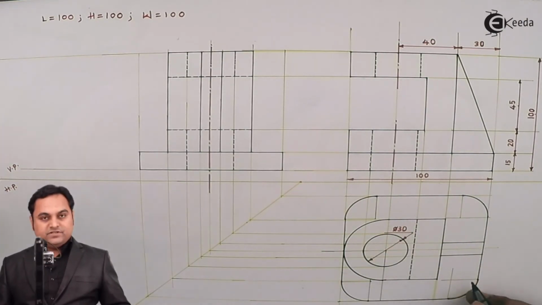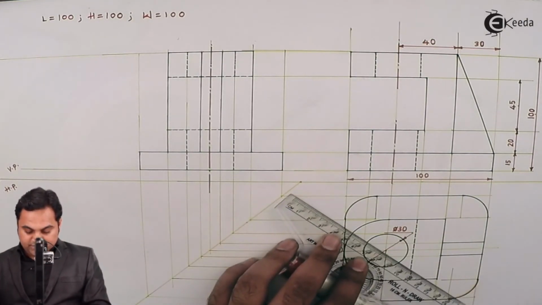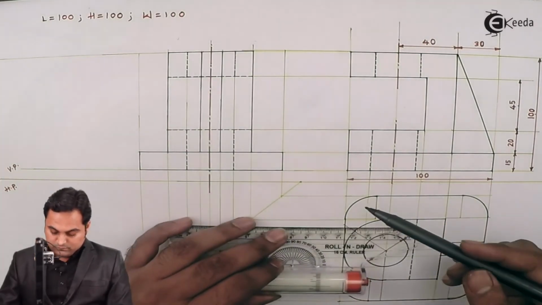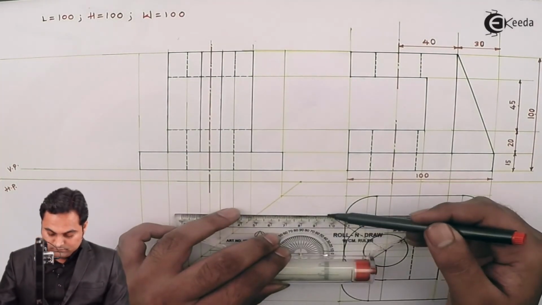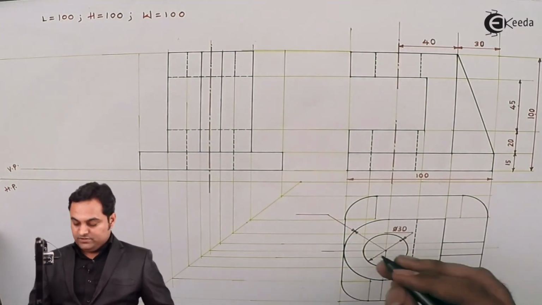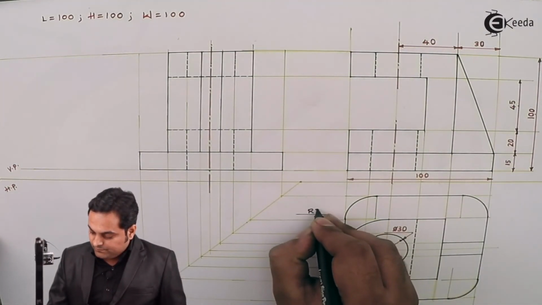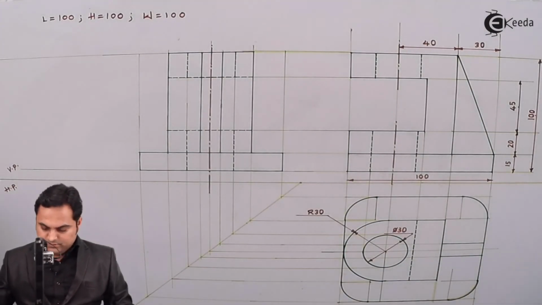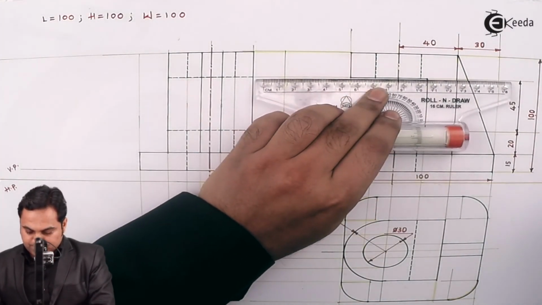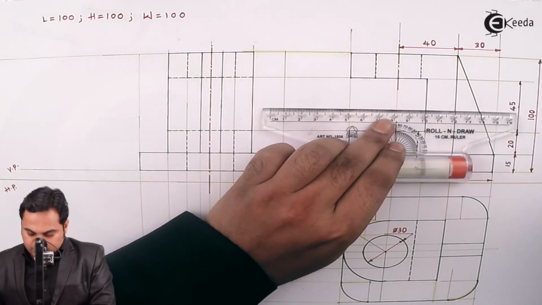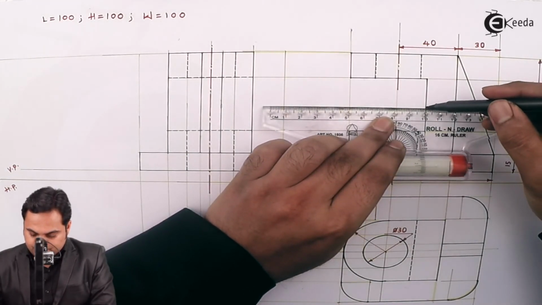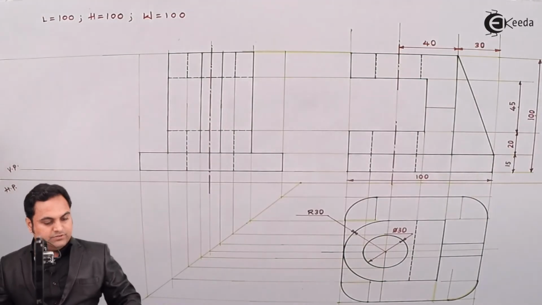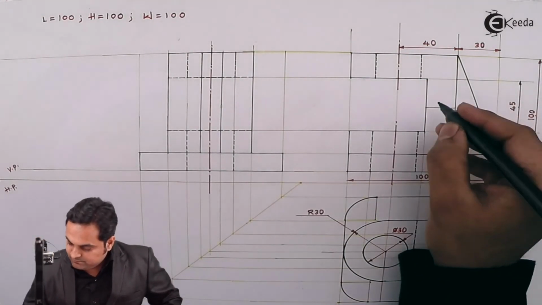Then the radius of the semicircle is 30. This radius is 30 mm. So next, here also I'll give the dimensions for this plate. It is 20 mm thick.